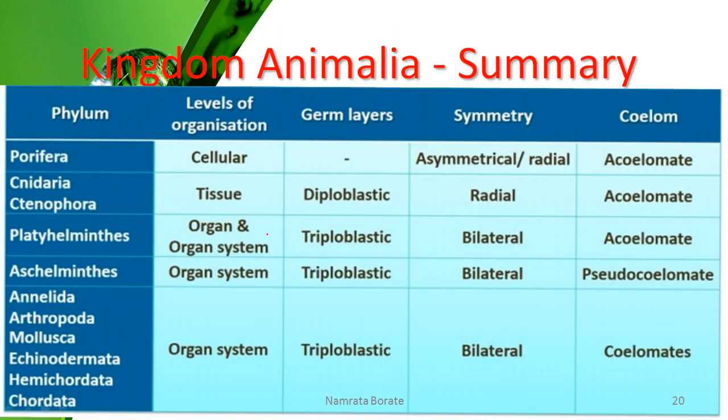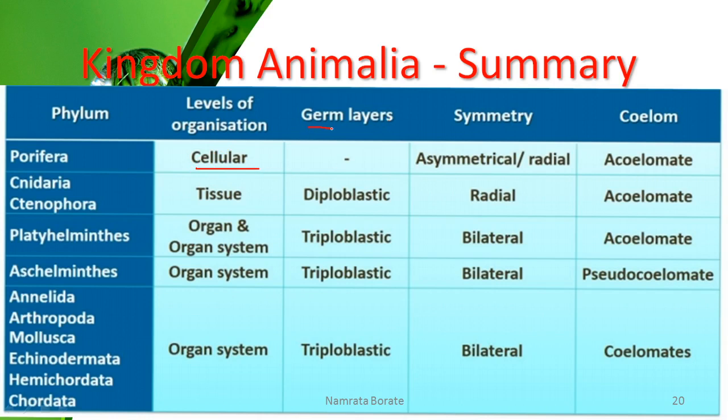Afterward we see the summary of all these criteria used for animal classification, or the grades of organization. The first phylum is Porifera. The organisms in Porifera show the cellular level of organization, meaning the organism consists of only cells.